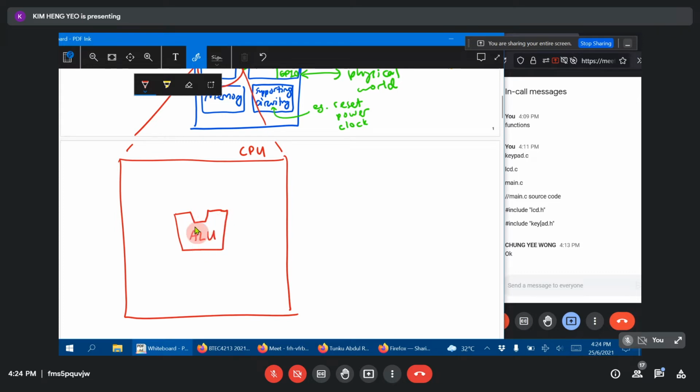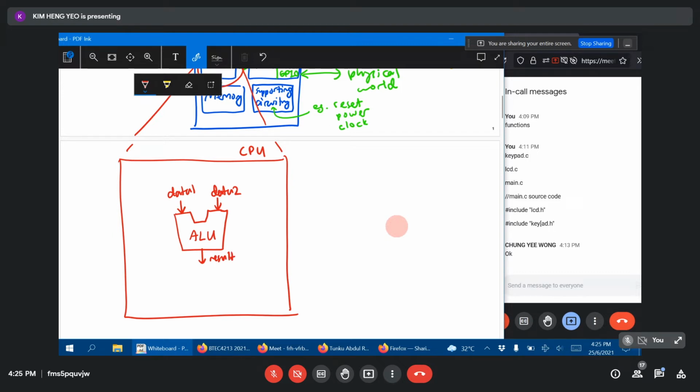Okay. So the arithmetic logic unit is the circuit that performs the actual computing functions. And how does it do it? You feed it with two data, data one, data two, and it produces a result. Okay, that's all that it does.